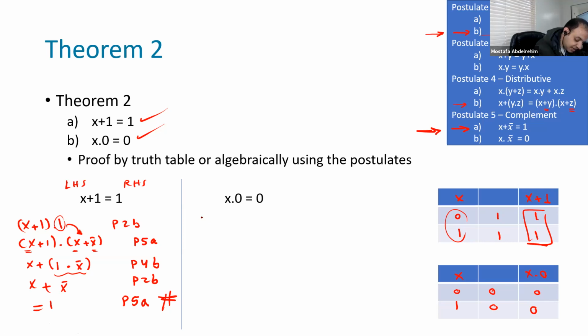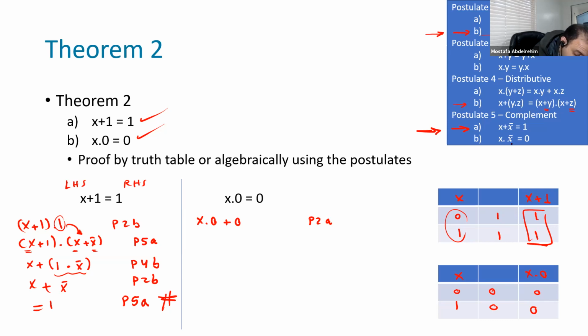So x dot 0 is the left-hand side, and we want to reach the right-hand side from the left-hand side. So basically, we're going to OR with 0 here. This will not change anything, and this is from postulate 2a, that anything ORed with 0 will give you the same thing.